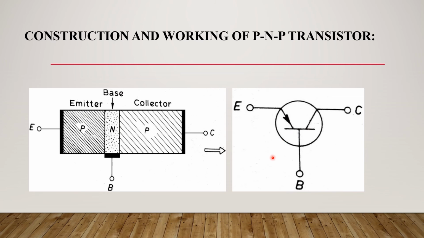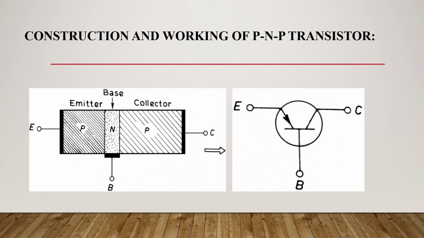So this PNP transistor is the exact opposite of the NPN transistor device. In this type of transistor, the construction of the two diodes is reversed with respect to the NPN transistor. This arrow defines the emitter terminal, and it points inwards in the transistor symbol, that is towards the base.